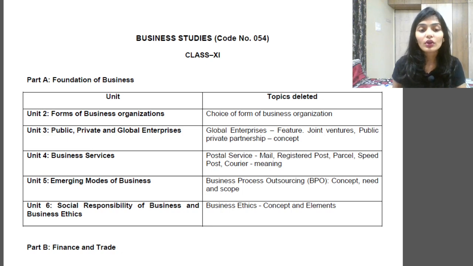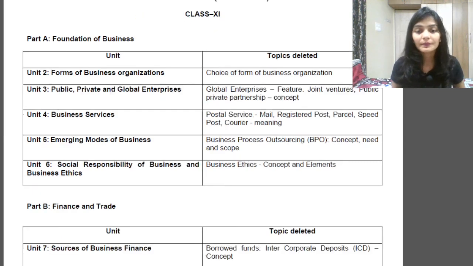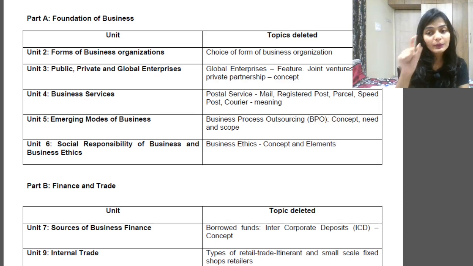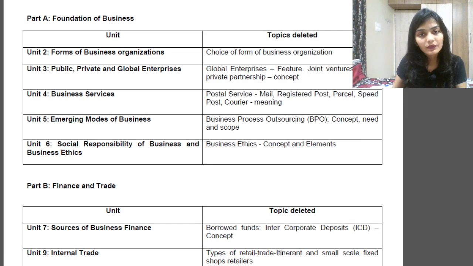Now chapter 4, business services: in postal service, mail, registered post, parcel, speed post, courier, all of that is gone. The meaning of courier is gone. Then in the 5th chapter, emerging modes of business, BPO is gone. In BPO, the concept, need and scope elements are gone. Now going to chapter 6, social responsibilities. This is the last one in part A, and we have already done that.